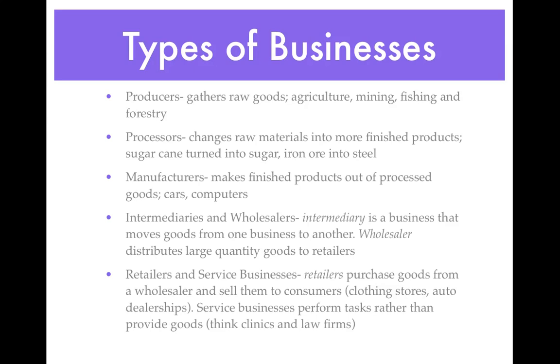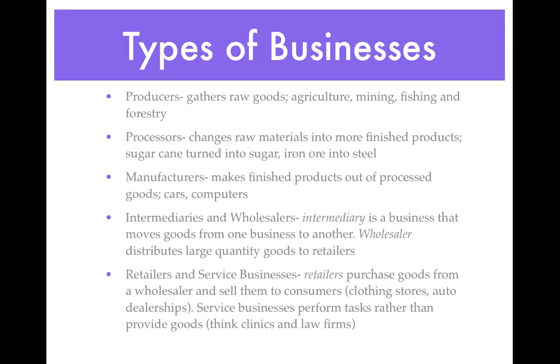Producers. Producers gather raw goods. So they go out in agriculture, farming, mining, fishing, forestry. They're the first one to access the natural resources, and take those from their natural environment into other areas, other industries.